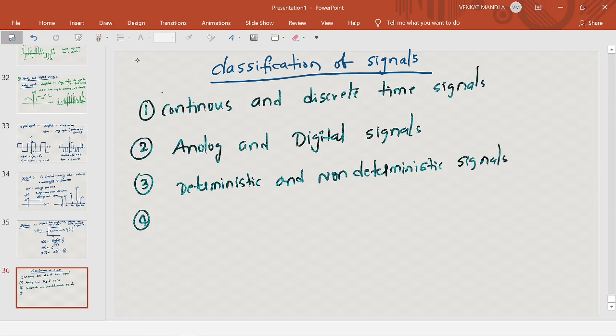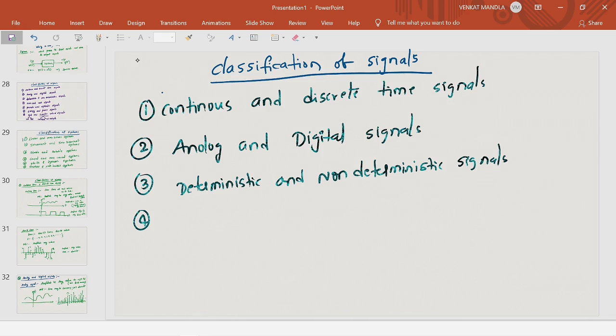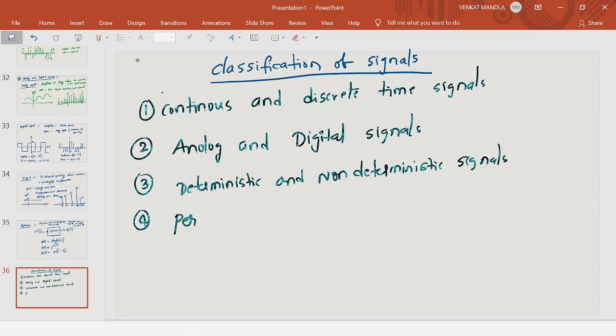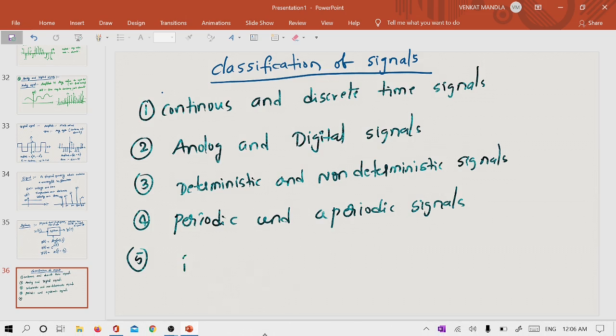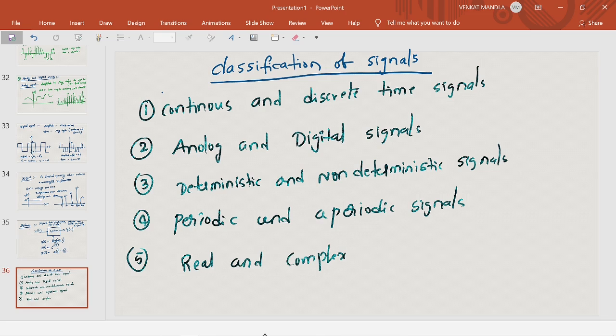Fourth classification is periodic and aperiodic signals. The fifth classification, real and complex valued signals.